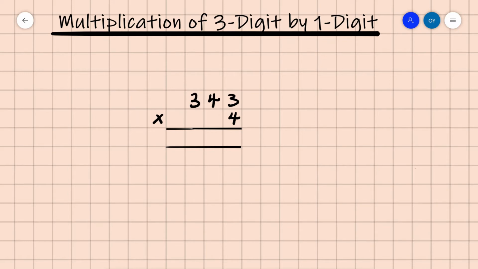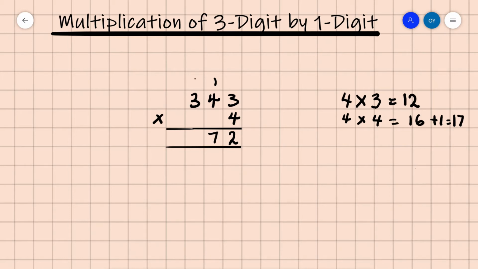Now we have 343 multiplied by 4. We have 4 times 3, which is 12. And so we write 2 and carry 1. Now 4 times 4 is 16. 16 plus 1, that is 17.